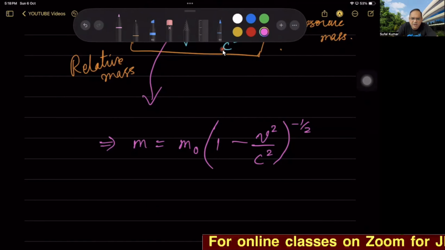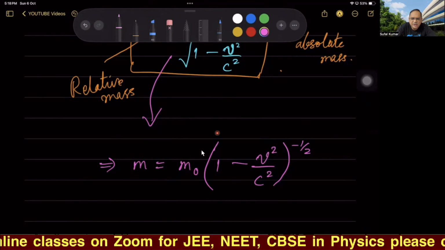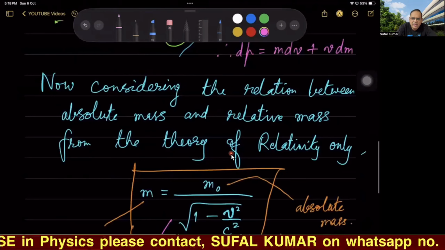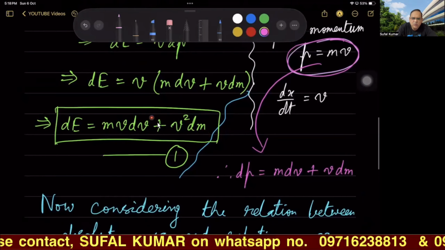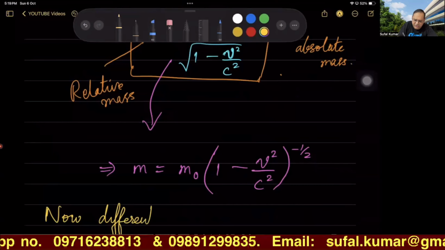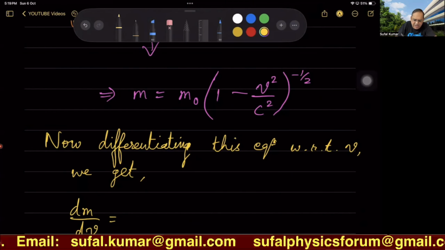Now we'll be differentiating this equation to get dm by dv. Why? Because here we want to utilize equation number 1. Differentiating, m naught being constant will be taken out.